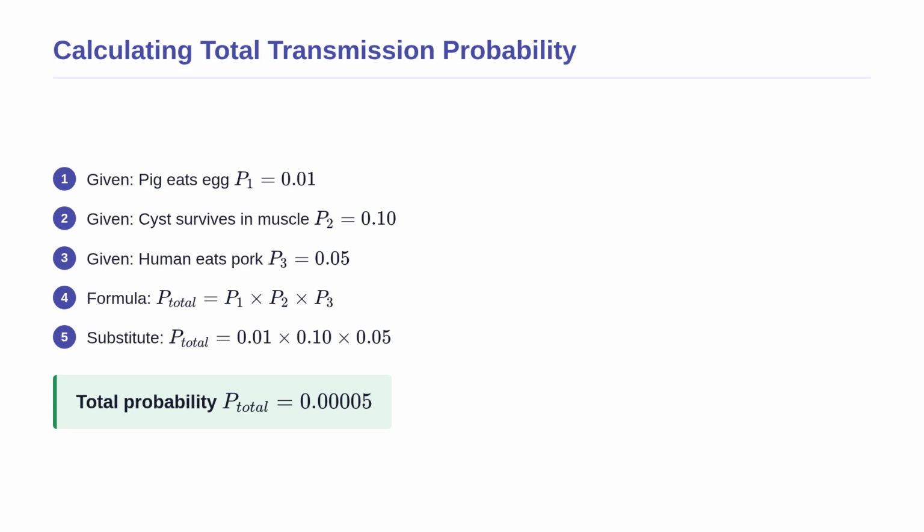We need to find the total probability of success. We chose this multiplication approach because these are independent sequential events. By multiplying 0.01 by 0.10 and then by 0.05, we get a total transmission probability of 0.00005. This means only 5 out of every 100,000 eggs will make it.